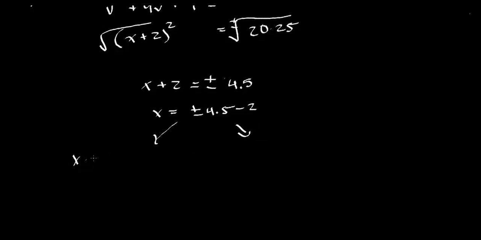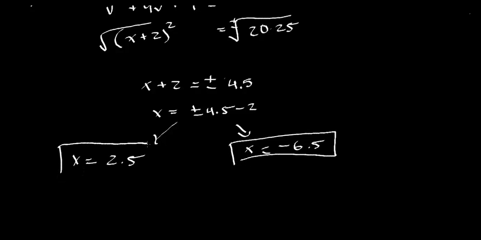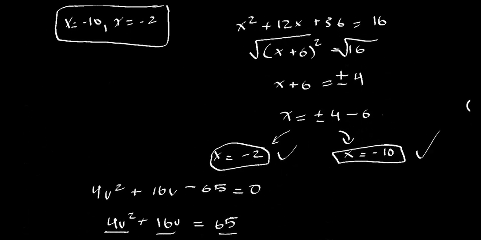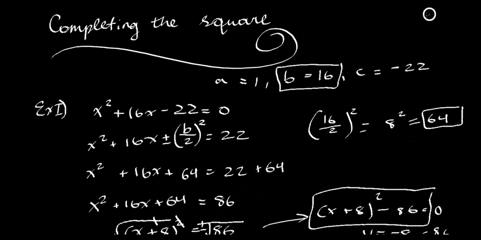Find both your v. The first one will be 4.5 minus 2, or 2.5. And the second one will be negative 4.5 minus 2, or negative 6.5. There's our answers. So hopefully I didn't confuse you, although it looks like I did.